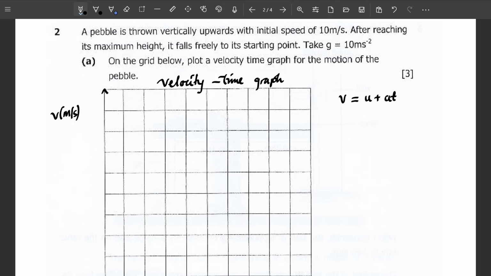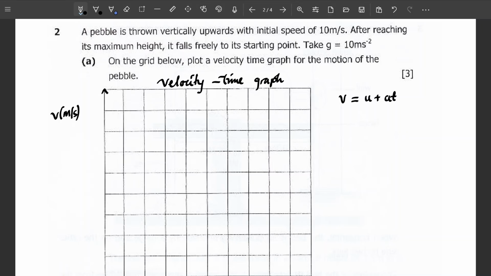So this changes if you are throwing something upward, you are throwing it with an initial velocity. So at maximum height, when you throw something, it means you are throwing it with initial velocity.